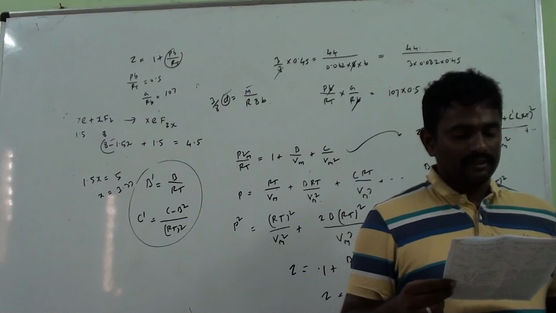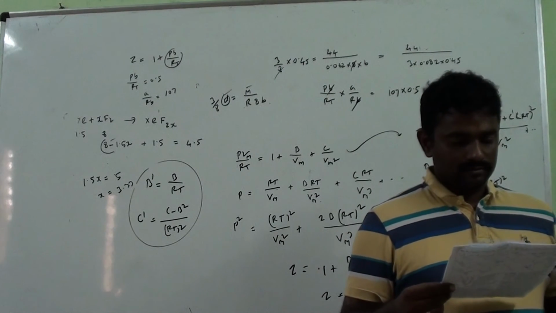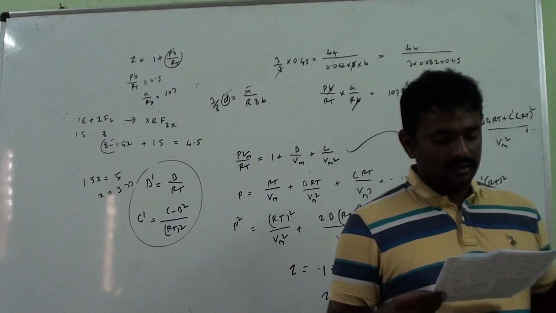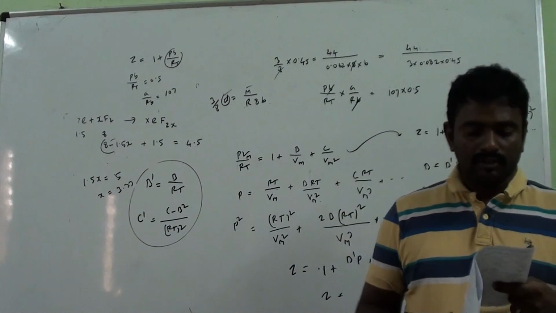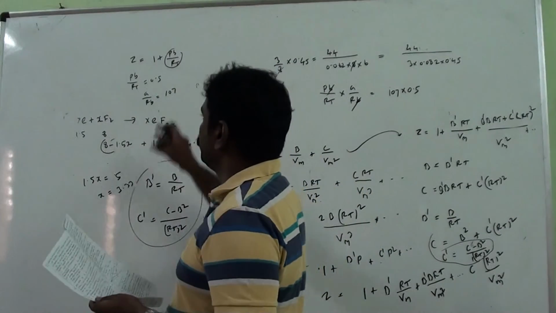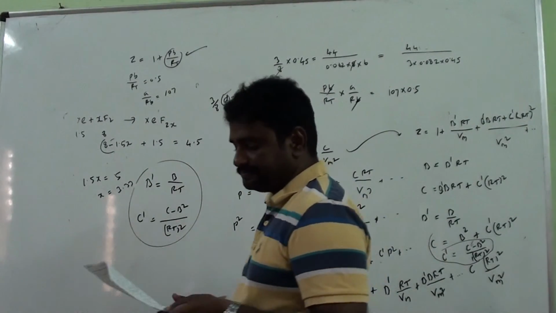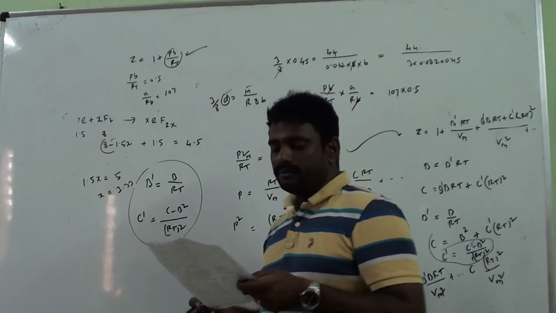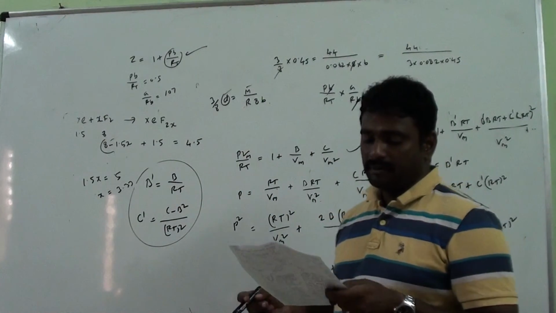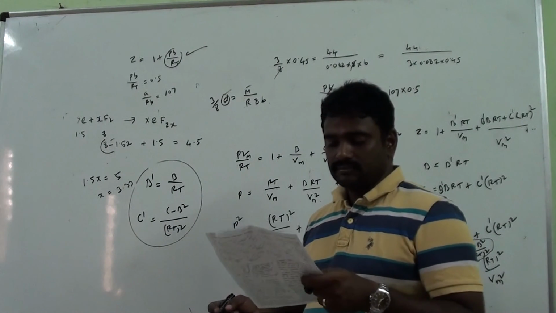The slope of the Z versus P curve is constant at a particular temperature and very high pressure. At very high pressure, Z equals the formula, so the slope will be b by RT. Check the units.